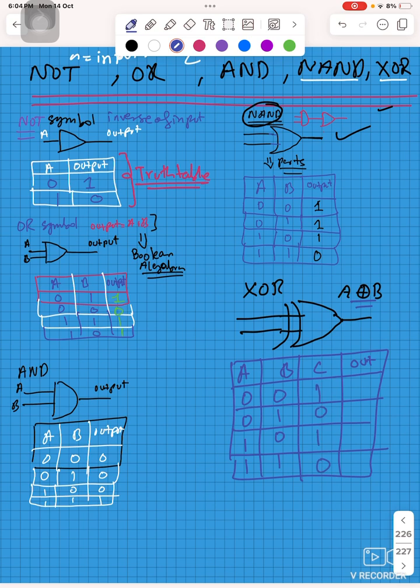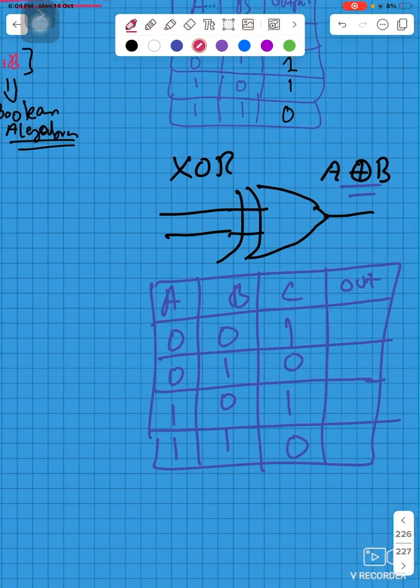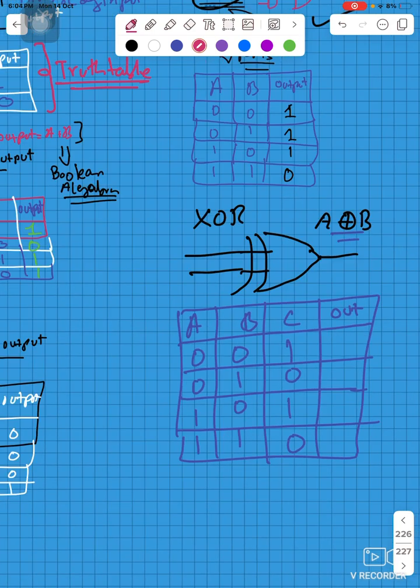I'm just making up my own combinations. So we have A exclusive B exclusive C. It will be solved in pairs: first these two, then the answer of these two with C.